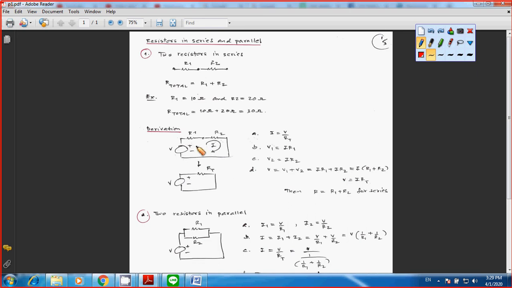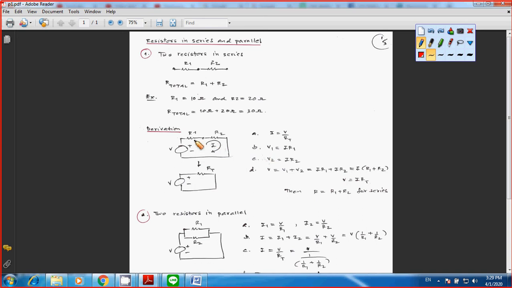You're going to have the current I flowing through resistor R1 and resistor R2. So they both have the same current.